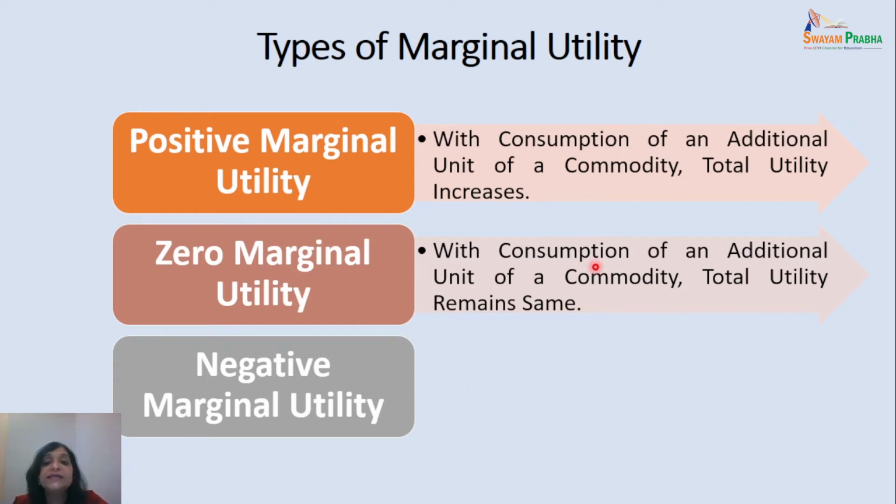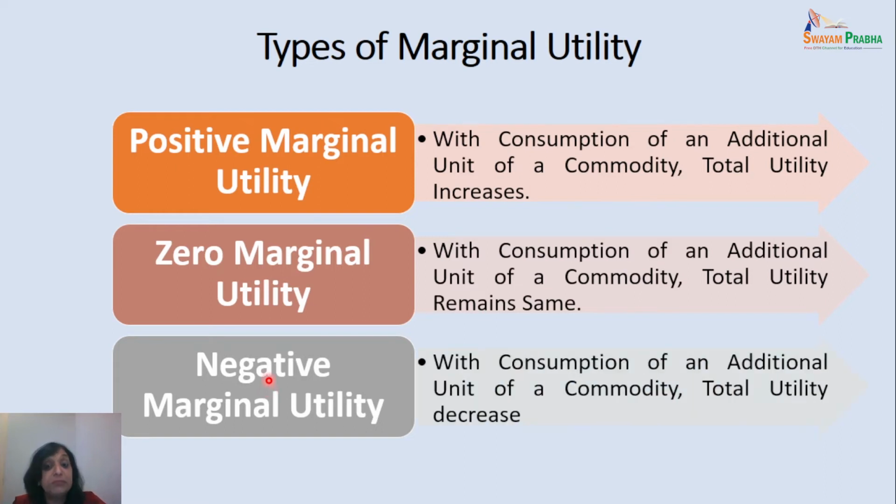Then we will say that your marginal utility is 0. Then you also have a negative marginal utility. It means that with consumption of an additional unit of the commodity, your total utility has decreased.